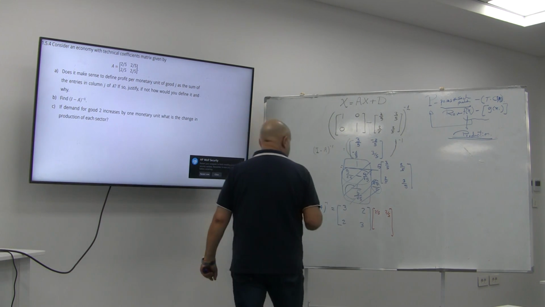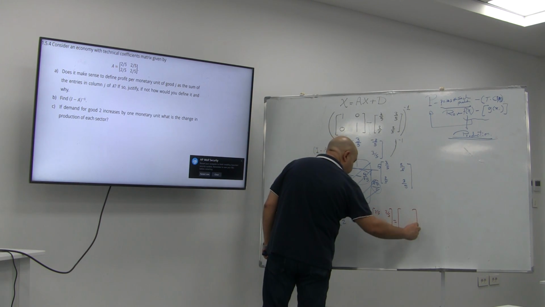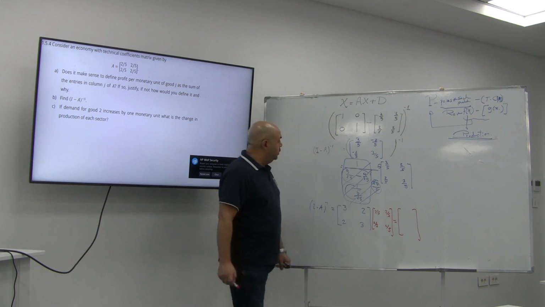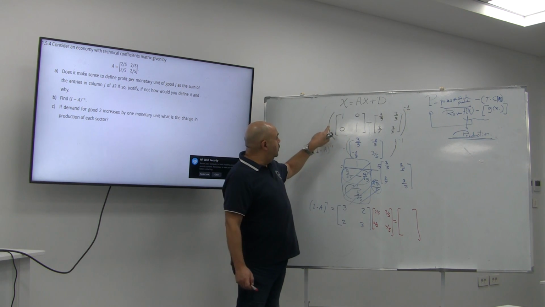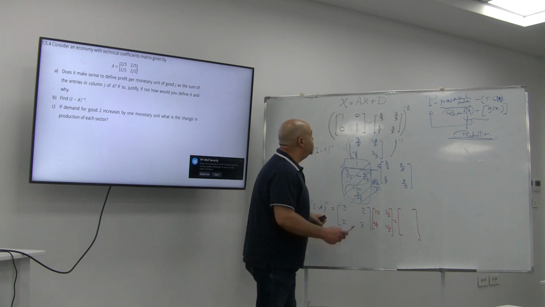Okay. 2 over 5, I think there is something wrong in this problem. 2 over 5, I believe, and 2 over 5, which is going to equal to. I think we are missing the sign, so this is 1 minus 2, it's going to be 3 over 5, 0, yes.